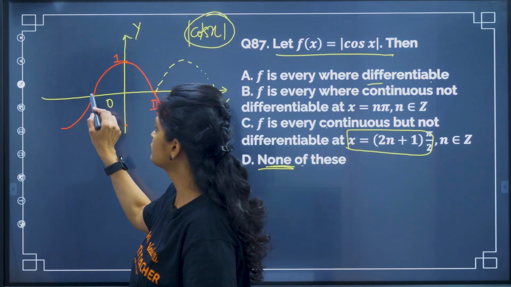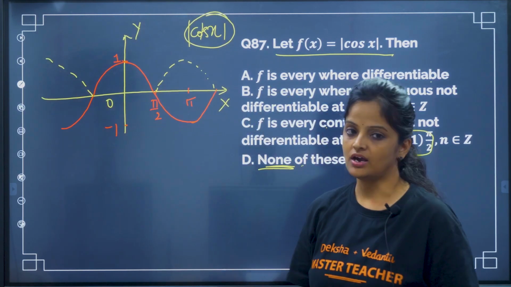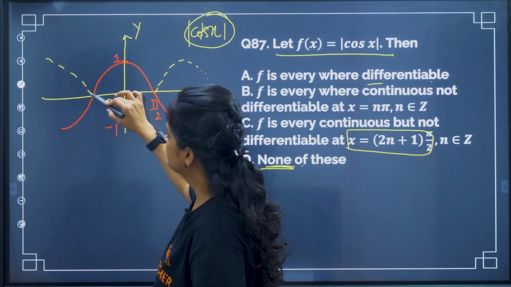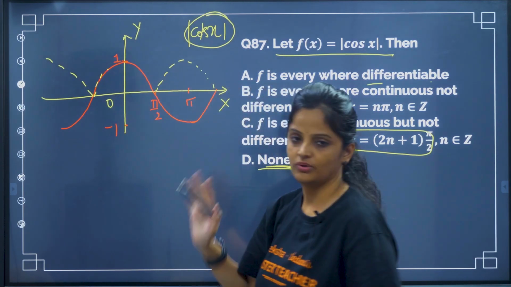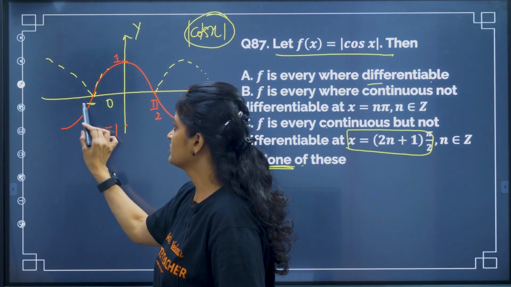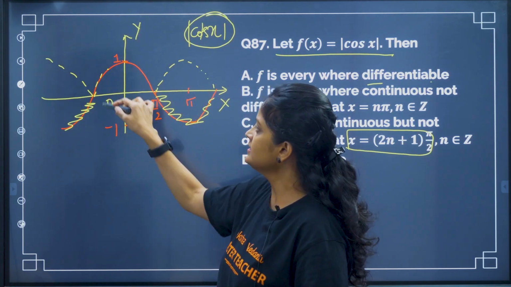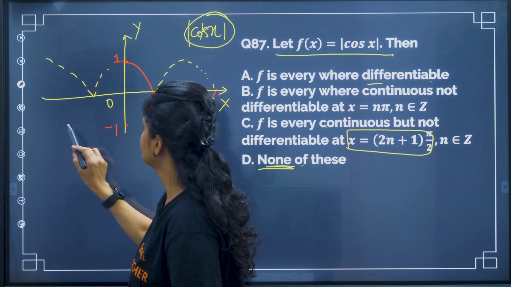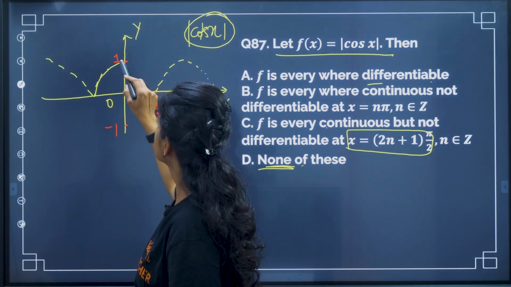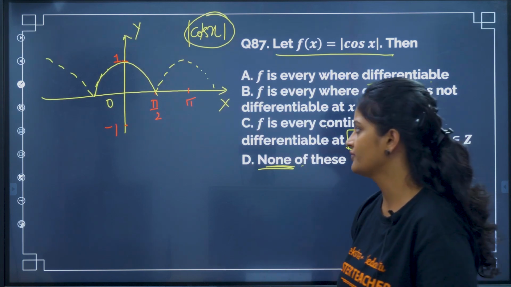This also will be flipped like this. Now I have the graph. I'll see the graph. This dotted one and this red one and the dotted one. Okay, take off this one. I don't want this. I'll take it off. One second. Graph is like this now. Okay, now this is the mod of cos x graph.